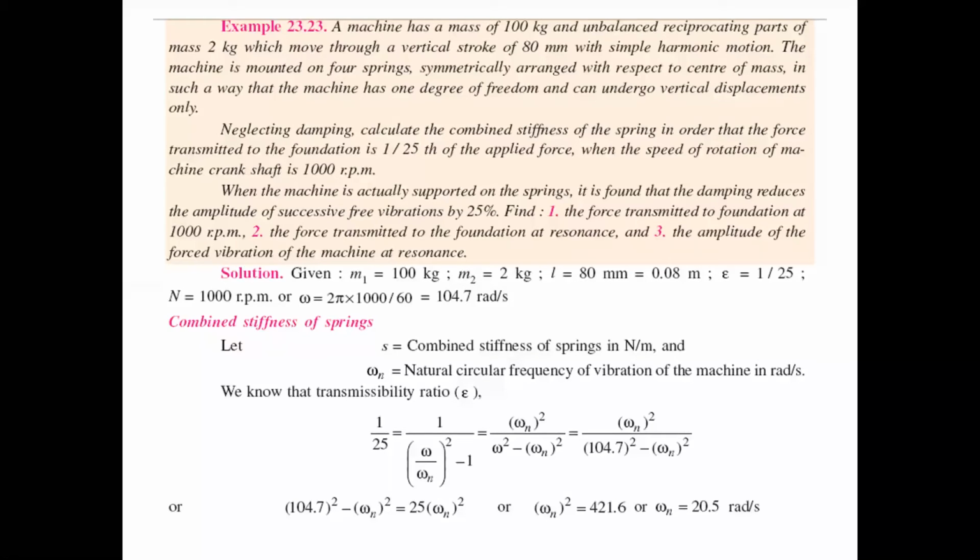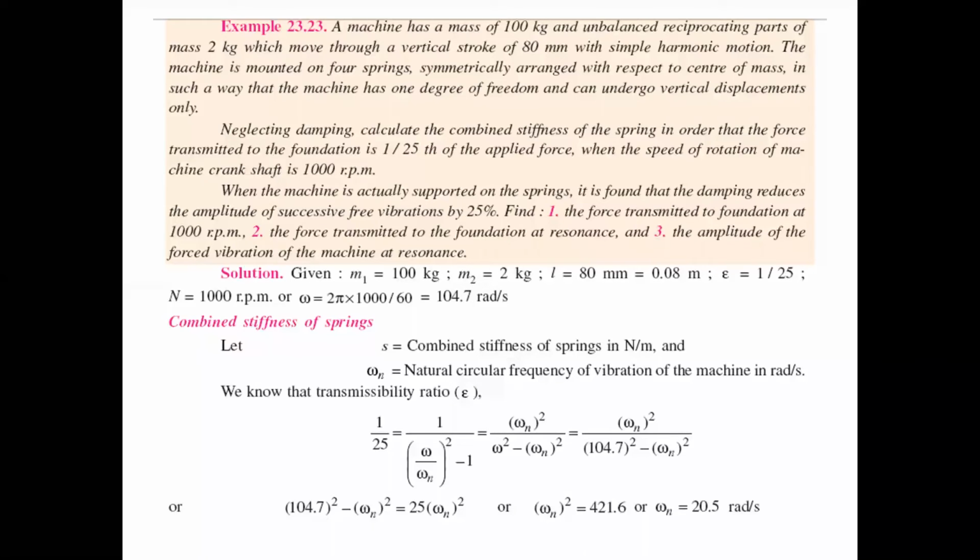M1 equals 100 kg, M2 equals 2 kg, stroke L equals 80 mm, and small e equals 1 by 25, and N equals 1000 rpm.